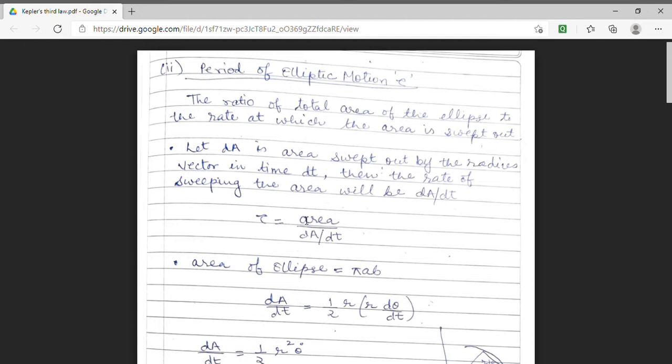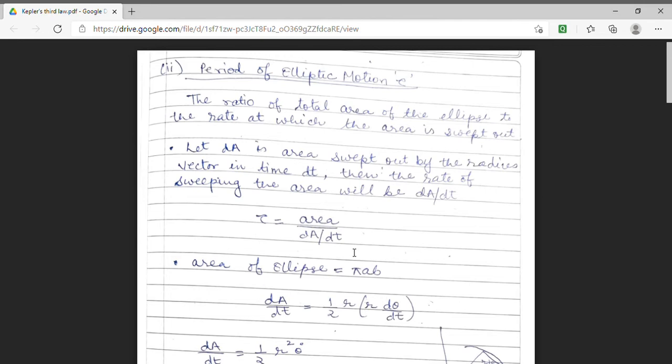The time period of the elliptical motion is defined as the ratio of the total area of the ellipse to the rate at which the area is swept out. That means tau is equal to the area of the ellipse divided by the rate at which area is swept out. The rate is dA upon dt.